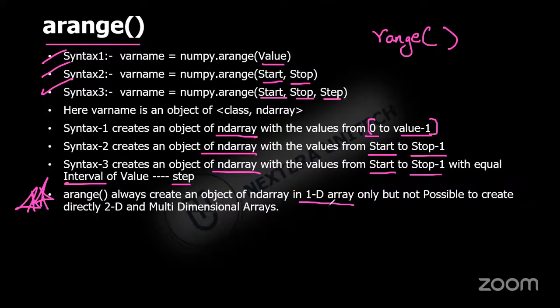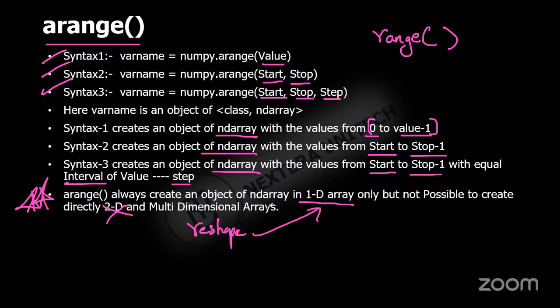It means it does not return a two-dimensional or multi-dimensional array. How can you do it? Again, we go and use the reshape function. From the output of arange, which is returned as a one-dimensional array, I'll use the reshape function on this and I'll be able to create multi-dimensional arrays.